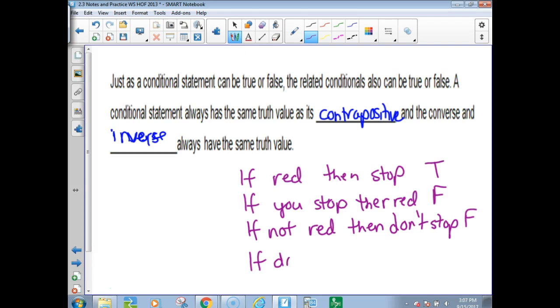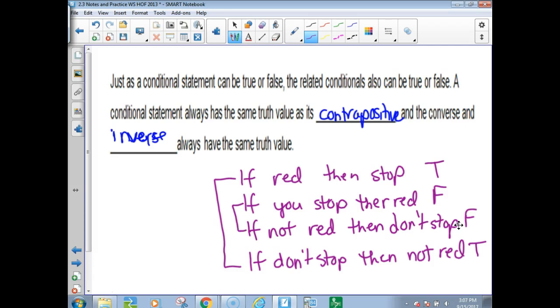So if you don't stop, then the light was not red. Okay, then that's a true statement. It says if you don't stop, the light should not have been red. So that would be true. Again, I'm just showing you that these two have the same truth value and these two have the same truth value.